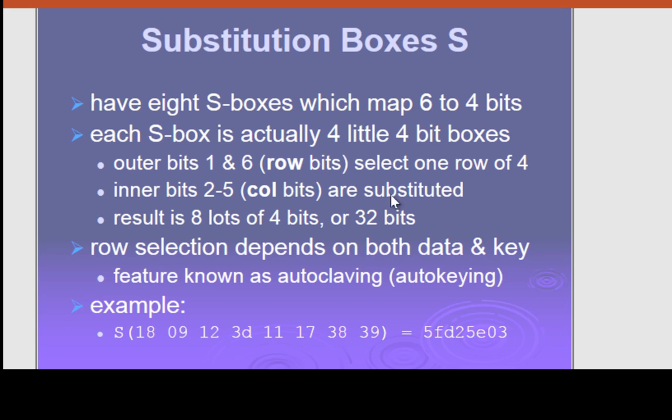And for the output, 1 and 6 become the row bits and the remaining 4 become the column bits. So the result is 8 lots of 4 bits or 32 bits. The row selection depends on both data and key. So how you select a row depends on the data part of the right part and also on the key.